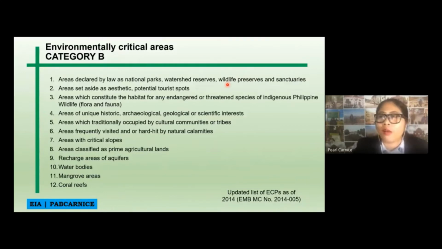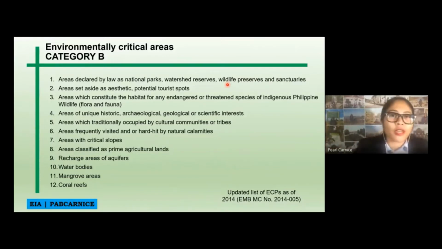What our city mayor did was apply for that area to be considered a watershed reserve so that it would not be converted in any way. You can still do projects or build something in a national park or watershed reserve. However, you have to secure an ECC. But if your project is located in these areas, it will definitely be hard for you to get an ECC.